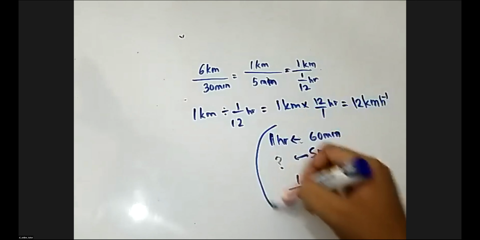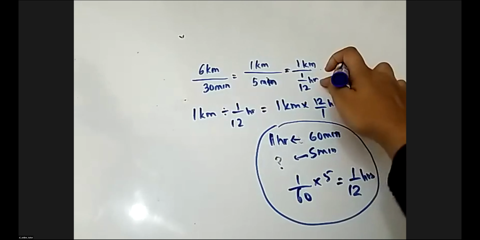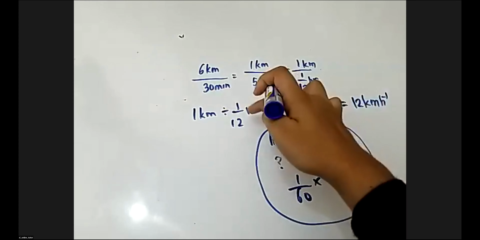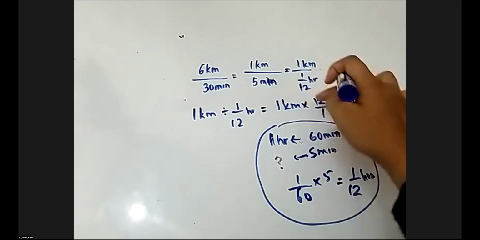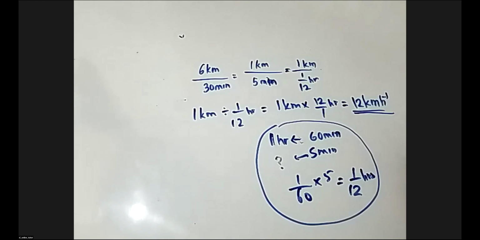First of all, you are finding in hours. Now this is a division over division. Then reciprocal can be taken. 12 over 1. 1 into 12, 12 kilometers per hour. This is the average speed in kilometers per hour.